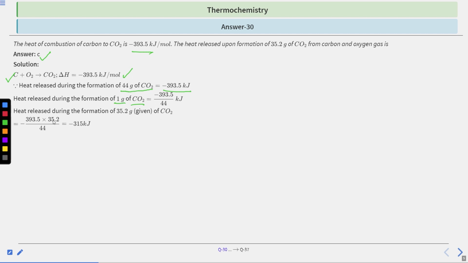So the heat released during the formation of 35.2 gram of CO2, which is asked in the question, will be minus 393.5 multiplied by 35.2 divided by 44, and we get the heat released, which is minus 315 kilojoule. Hence, option C is the correct answer.